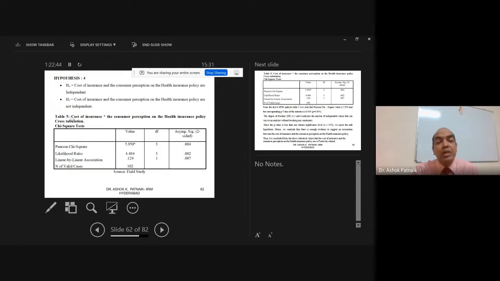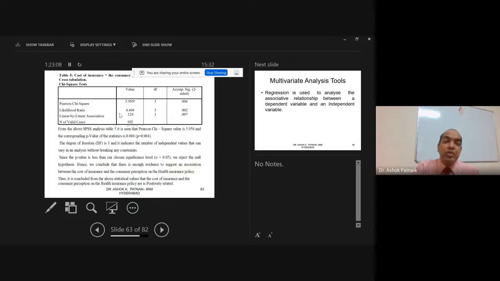Like you can see here, the hypothesis is cost of insurance vis-a-vis the consumer perception on the health insurance policy, cross-tabulation. So we are trying to compare the variables cost of insurance with the consumer perception on health insurance. This is how we have got the table generated from the SPSS.